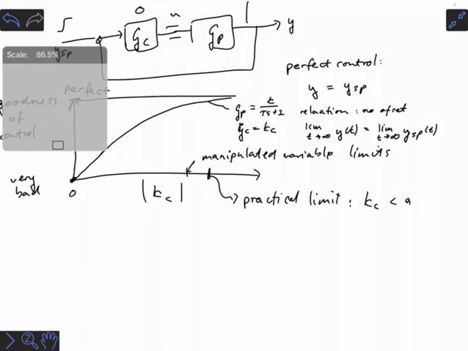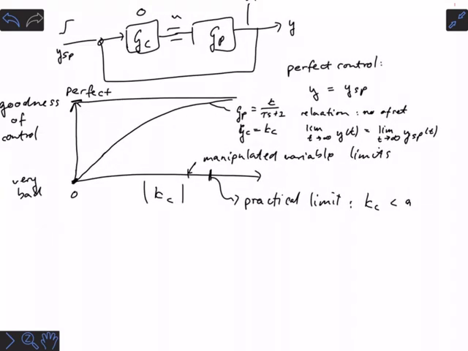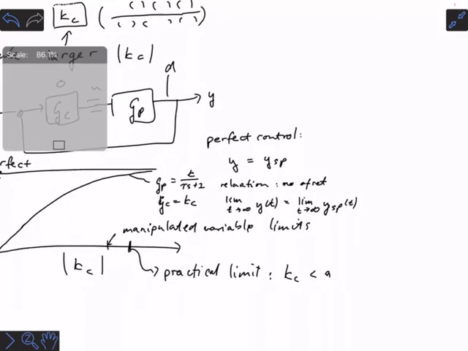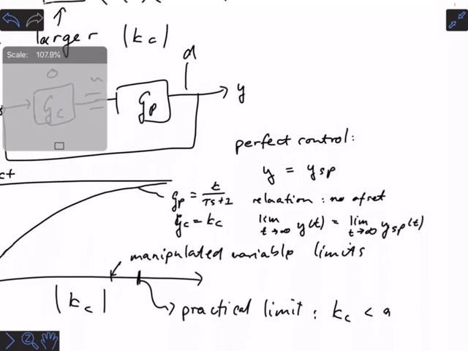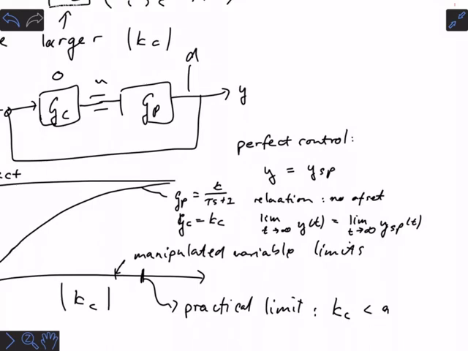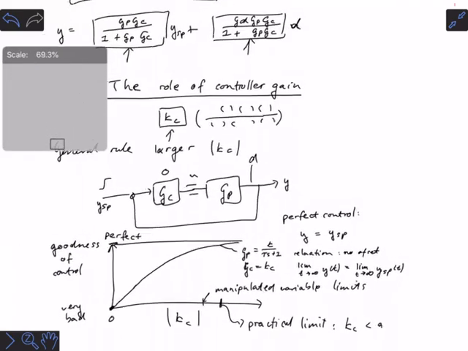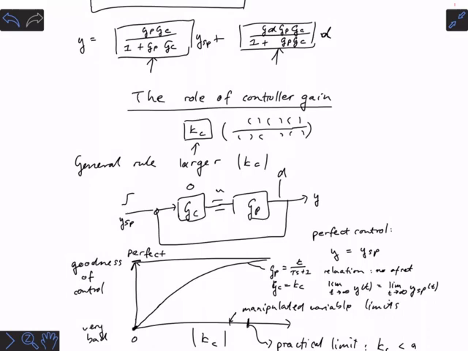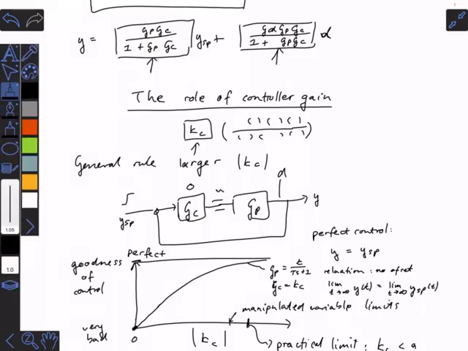So we have this kind of relaxation, and we can ask, now how do we achieve zero offset control if we think about the math that we've read about in terms of closed loop transfer functions? Remember that in the previous lecture, we came across these closed loop transfer functions for the same block diagram, where we basically said, well, there's these two transfer functions that relate the set point and the disturbance.